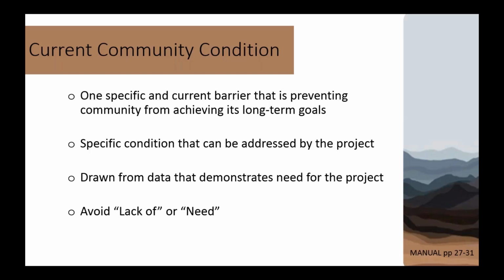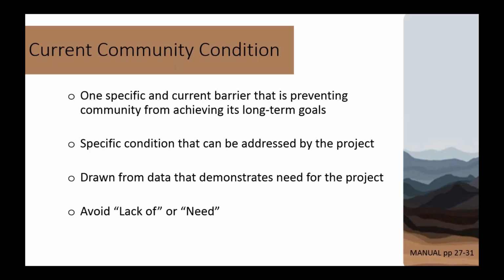So in addition, a few other tips to providing your current community condition. You want to make sure that it's brief and to the point. So 1 sentence, 2 sentences max. It's got to be very brief. We've been seeing in some applications where under the current community condition, people write pages and pages.